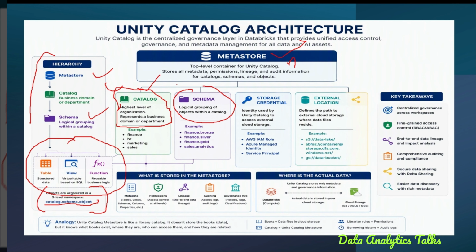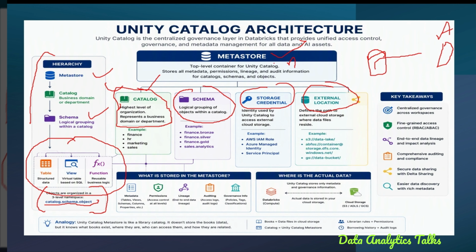Now let's look into the storage credential and external location. This is very much important. We need to create an external location, as I already mentioned, like a storage. The storage credential is simply an identity that Unity Catalog uses to access cloud storage securely. Let's see, I have a container in an Azure storage account, and I have Databricks.